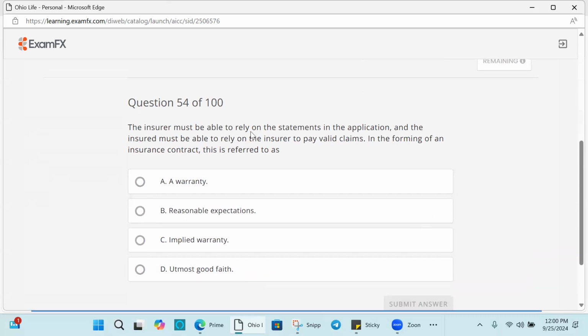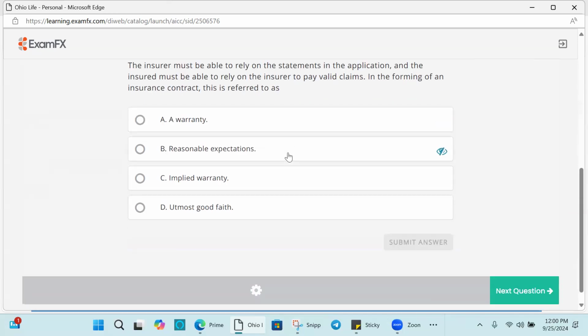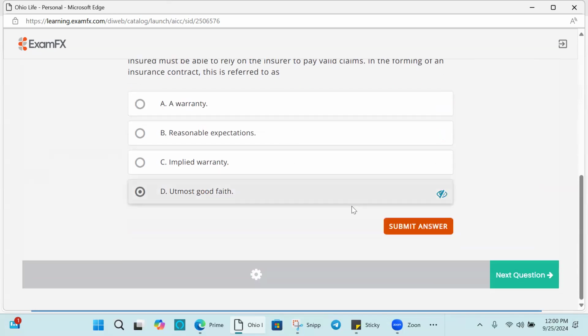The insurer must be able to rely on statements in the application, and the insured must be able to rely on the insurer to pay valid claims. In the forming of an insurance contract, this is referred to as utmost good faith.